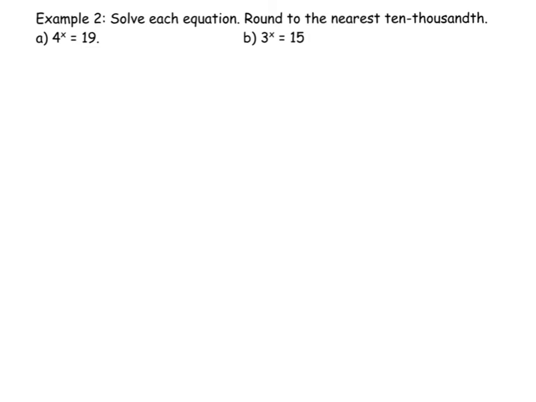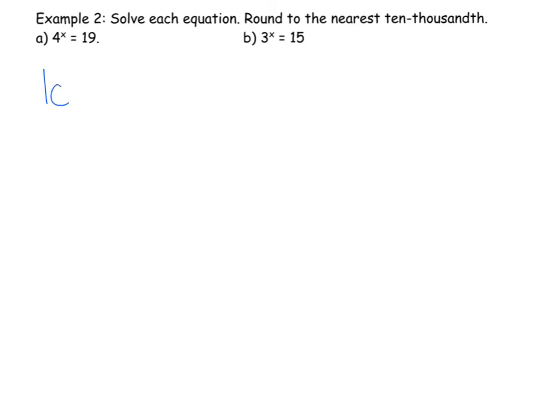Example 2 says to solve each equation and round to the nearest 10,000th. So if you think back, you remember one of the log properties is that if we have a log with the same small number on both sides, we can get rid of those. And the opposite of that also holds true, and that's what we're going to do to be able to solve these.